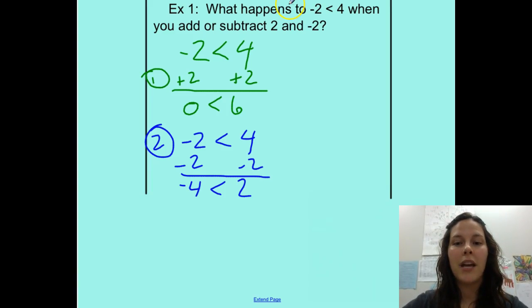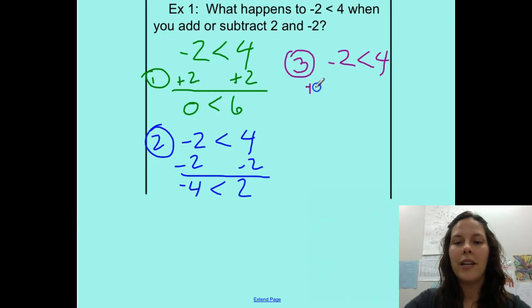Let's see what happens when we add or subtract -2. Starting with our inequality, -2 is less than 4. If we add -2, that's the same as subtracting 2. So I still get -4 is less than 2, which is still true.